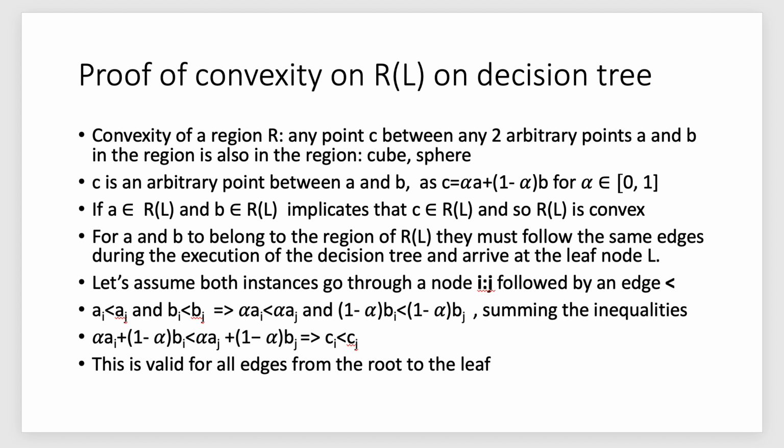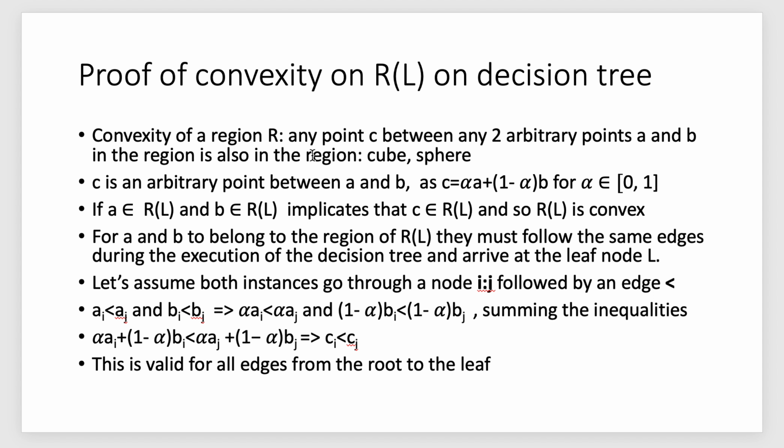Let's prove the convexity of the region of the instances that reach the leaf node L on a decision tree. The convexity of a region is, by definition: if any point C between two arbitrary points A and B in that region is also in the region.